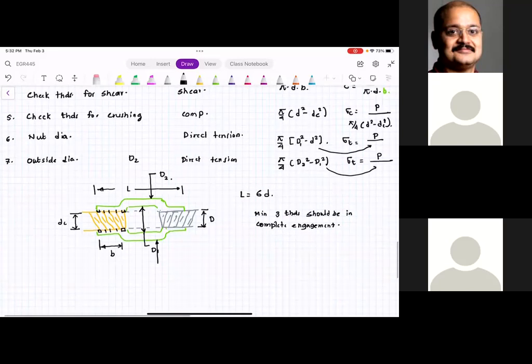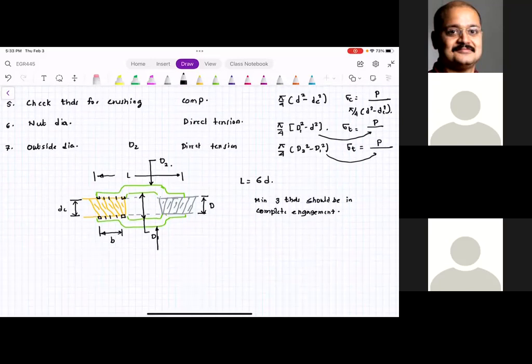So this turnbuckle is a slightly different design and there are variations to it. For example, I'm sure you might have seen a turnbuckle like this. This turnbuckle design is something like this. So it's like a big nut.